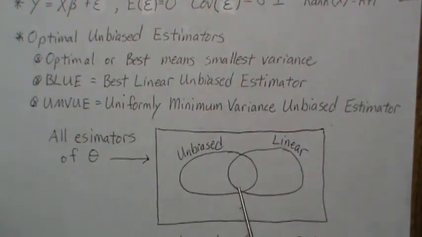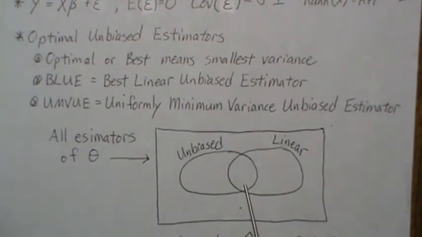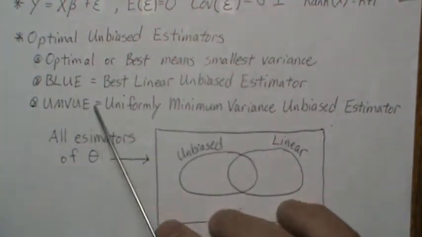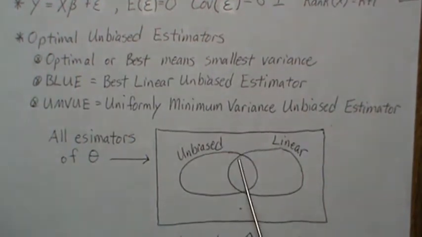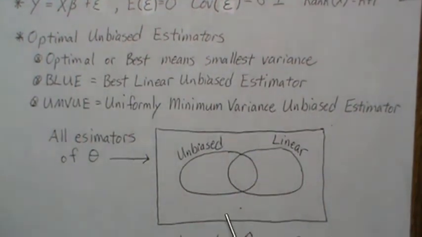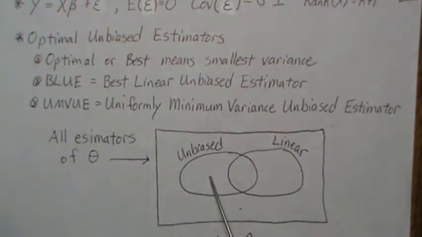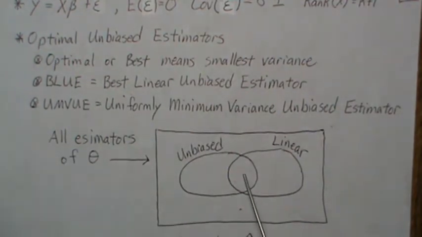Now we want to restrict ourselves to linear and unbiased, so that's in here. What a BLUE does is find the estimator in here that has the smallest variance, and that's called a BLUE. Now a UMVUE is unbiased and has the smallest variance, so it could be over here or it could be here.